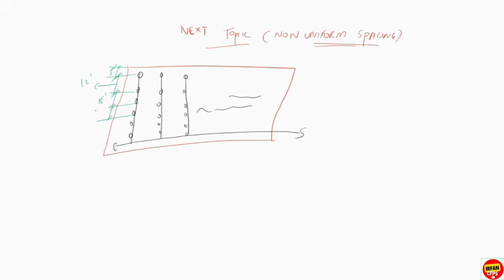See here, the S is not the same, right? 15 feet here, again 10 feet. Again, we'll consider 12 feet. Here we'll consider 10 feet. So if you see here, S is not the same. And from the wall, it is not half S, right? And from here also, it is 5 feet, for example.